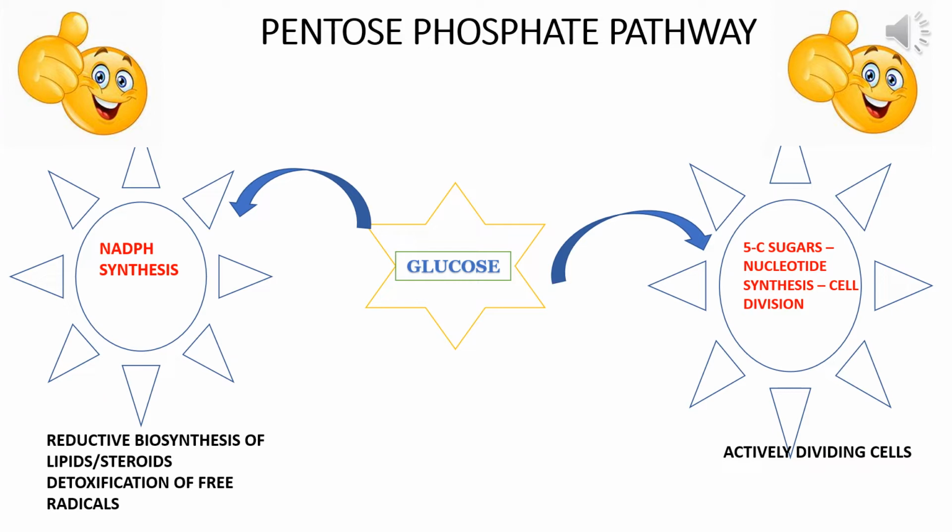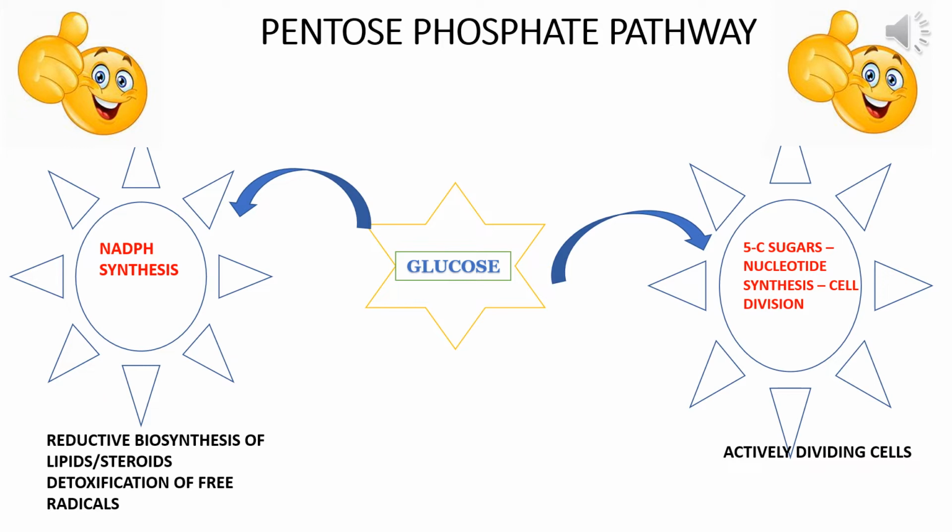One of the important products produced is the 5-carbon sugar ribose, which in turn is used for the production of nucleotides including ATP and other nucleotides which are later to be part of nucleic acids. The second important product of the pathway is NADPH plus H plus, which is required for the reductive biosynthesis of lipids, steroid hormones, etc.